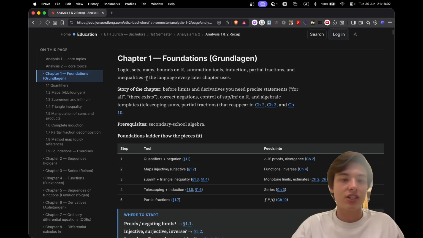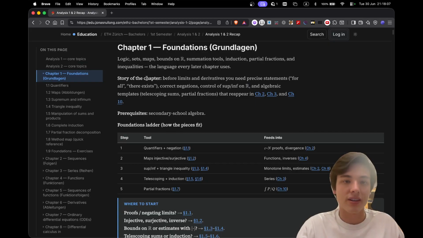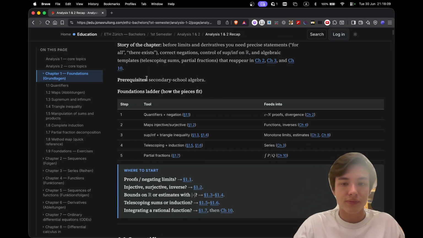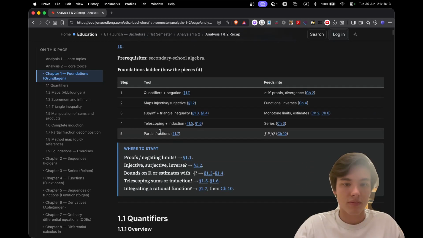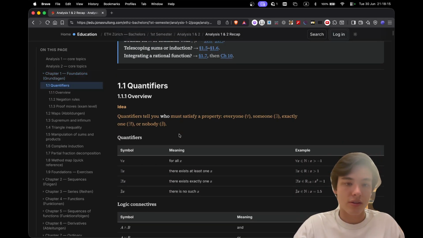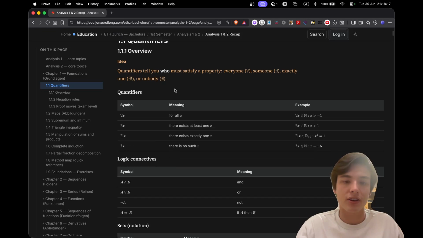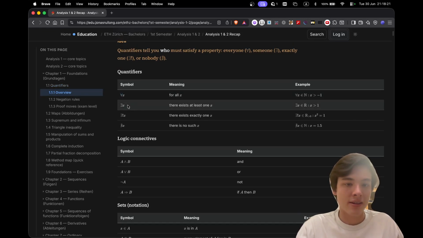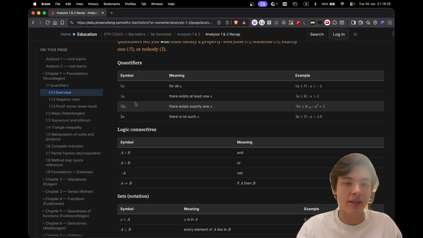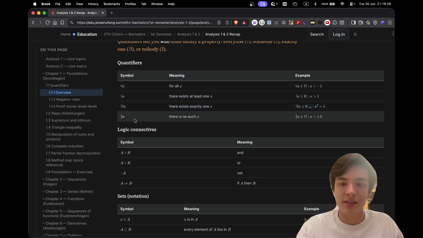So, chapter 1, foundations. What do we do here? Quantifiers, so how to read math. This means for all x, there exists at least one x, there exists exactly one x, there doesn't exist an x.